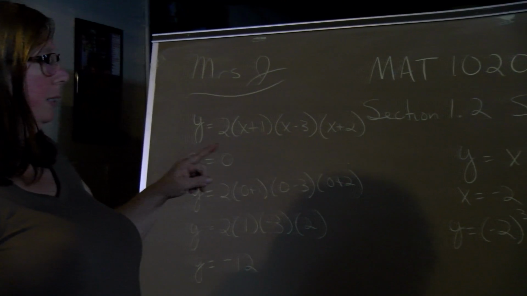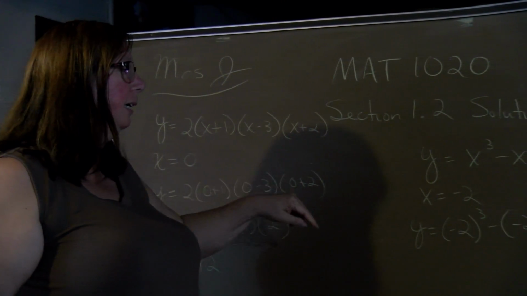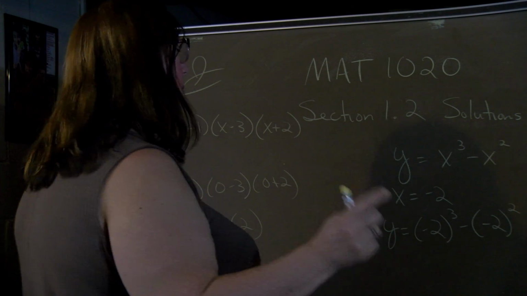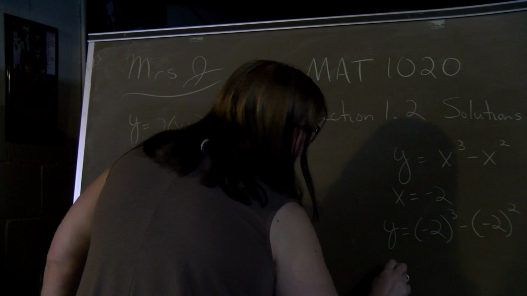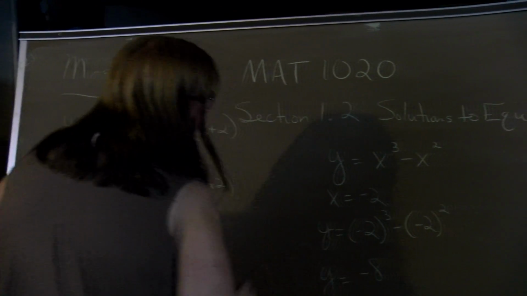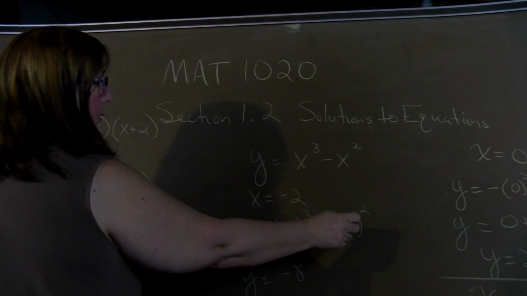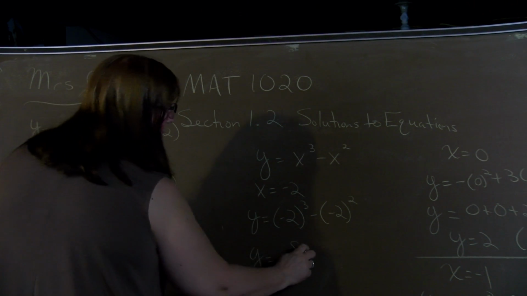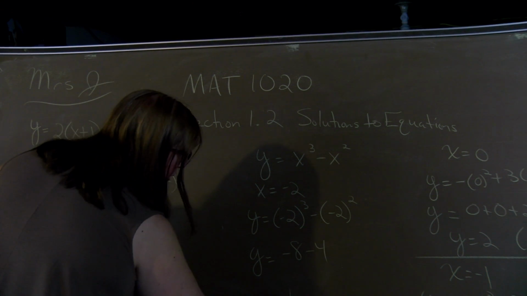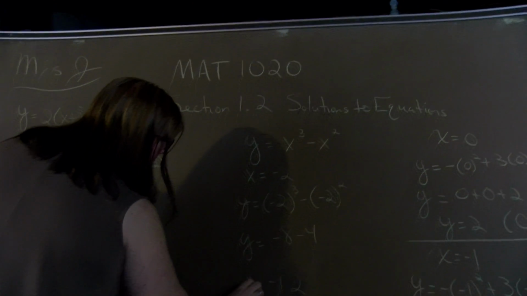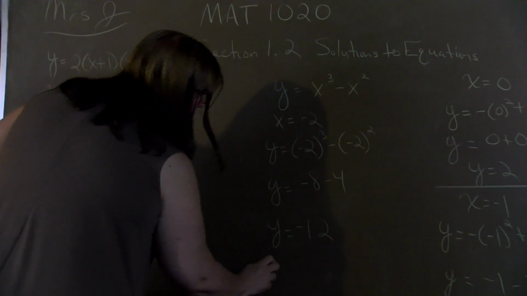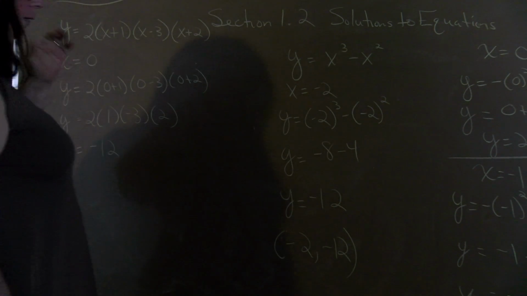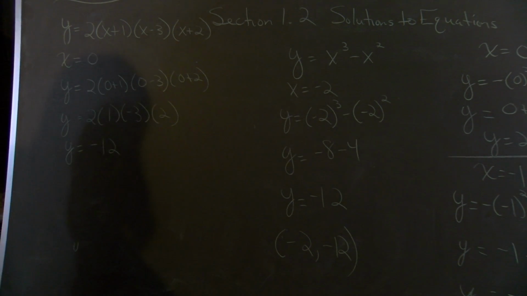So when we go to do this, -2 cubed, negative times a negative times a negative is a negative. 2 times 2 times 2 is 8. So to start with, we have a -8. Here we have -2 times a -2, which is a +4, times this negative makes it a -4, which when we add them gives us a -12. So we have -2, -12.